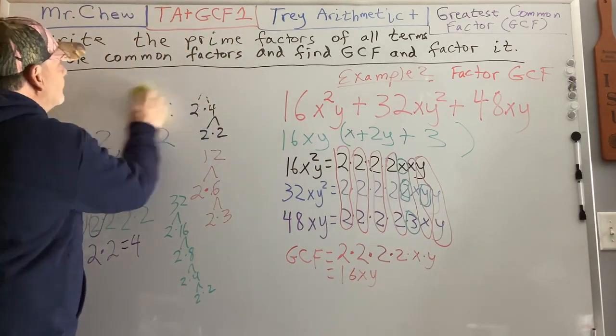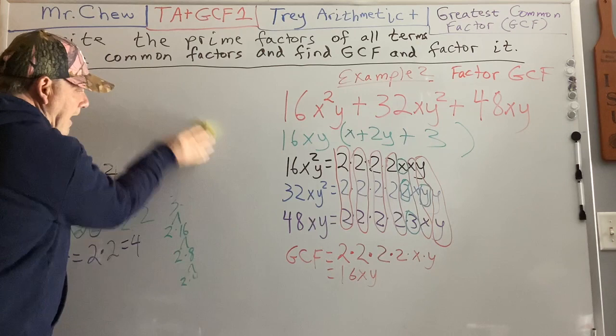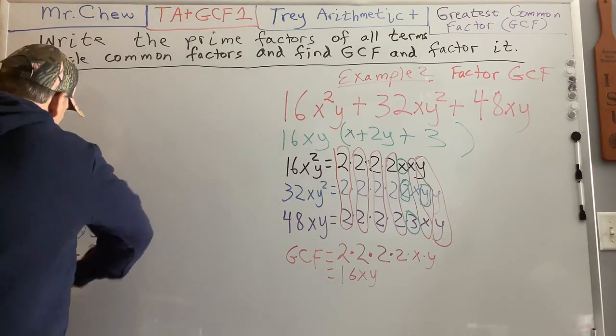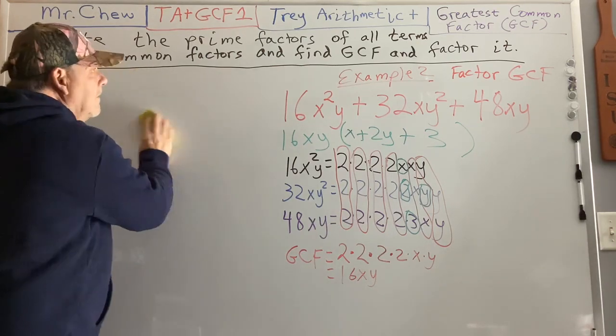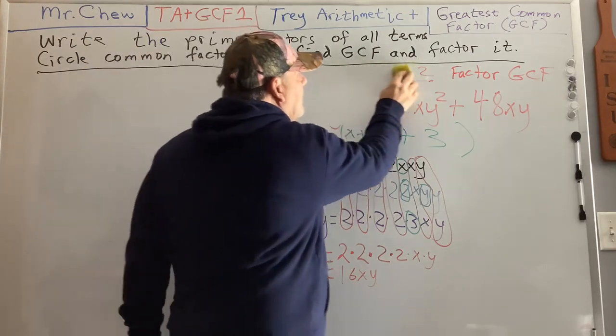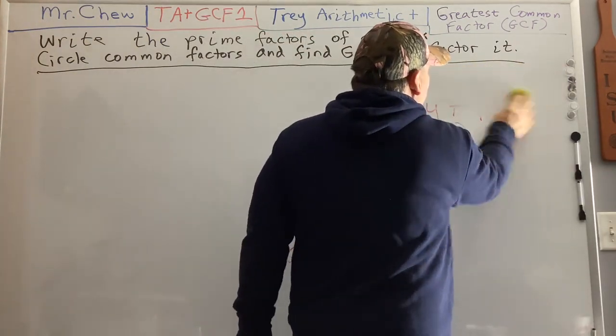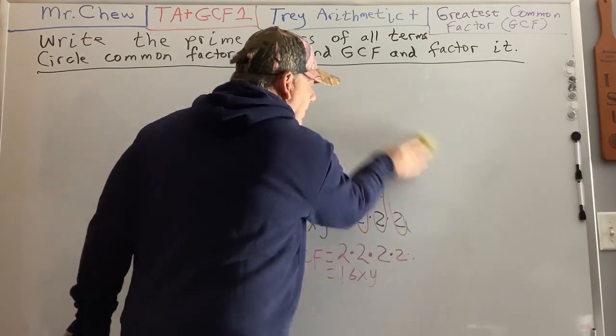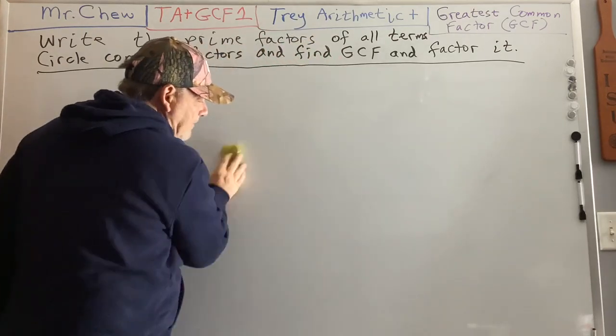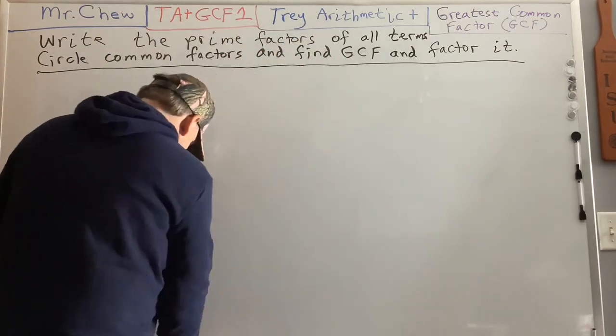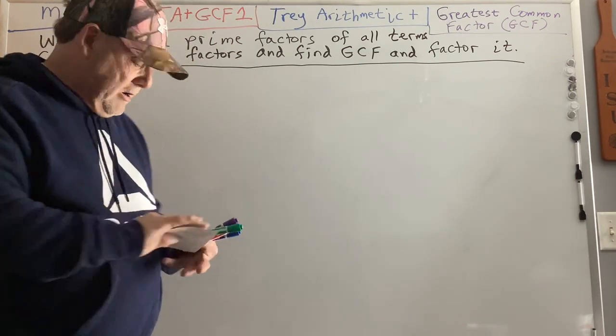Okay, I'm going to offer you a couple of challenge problems now that you can work on. You can pause this while you're working on these. Get out a piece of paper, try these, and see if you can get these right using the prime factorization. So, here they are.